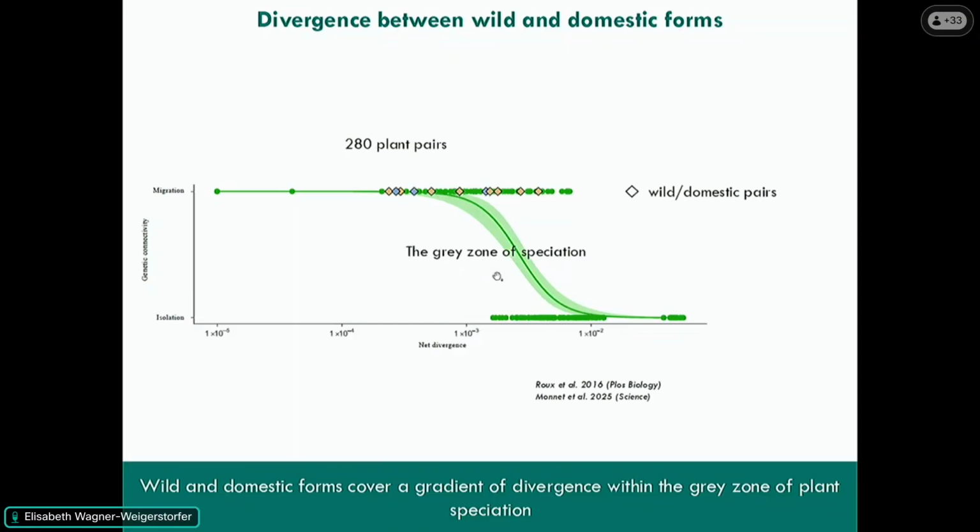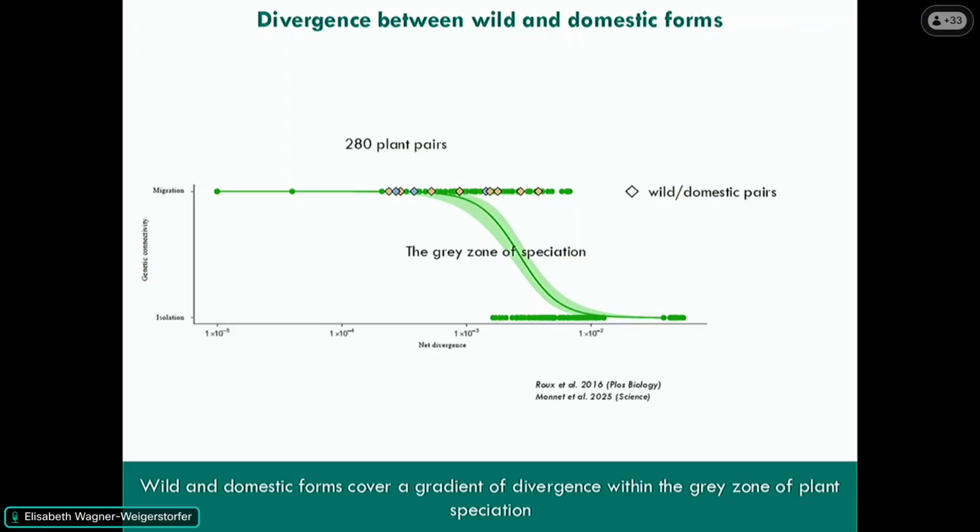This zone is called the gray zone of speciation. And if I now plot the net divergence that I estimated from my wild-domestic pairs in the 13 species, these are all the diamonds here, and you see that they fall within this gray zone of speciation.